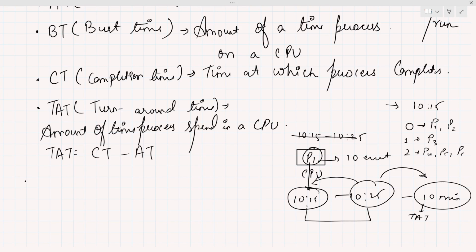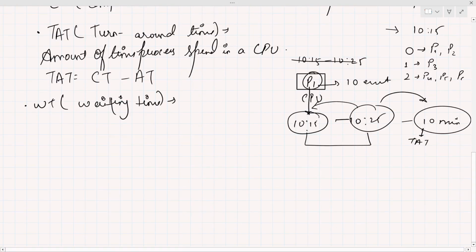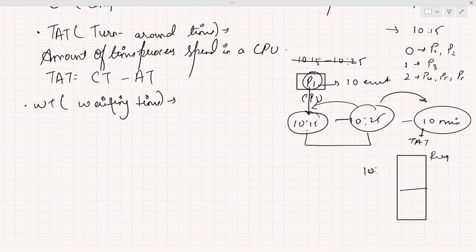Now we are moving towards the next thing, which is WT, waiting time. By its name it is also clear what the waiting time is. Waiting time is the amount of time the process waits in a ready state. Let's say this is our ready queue, and in the ready queue we have the P1 process and the P2 process.